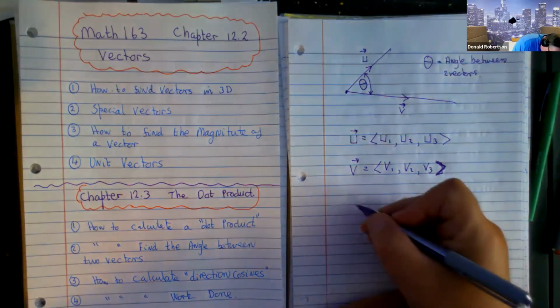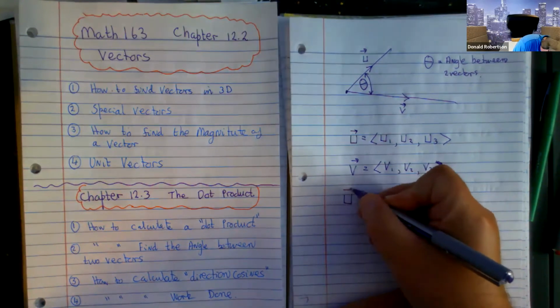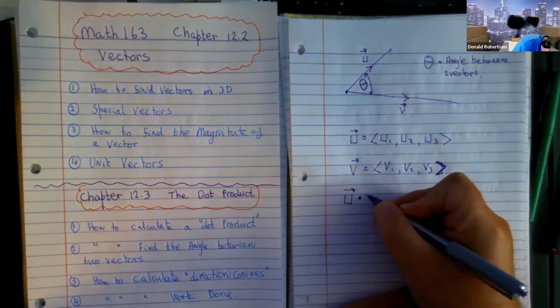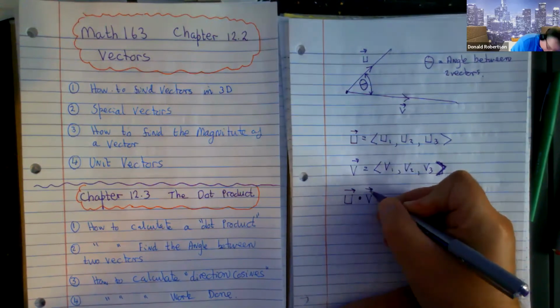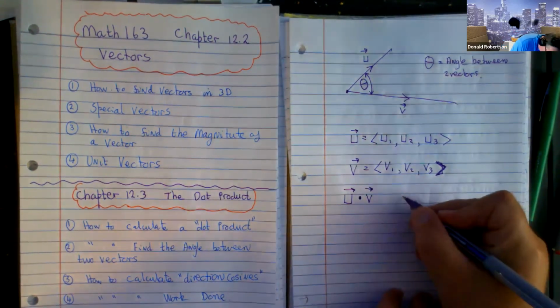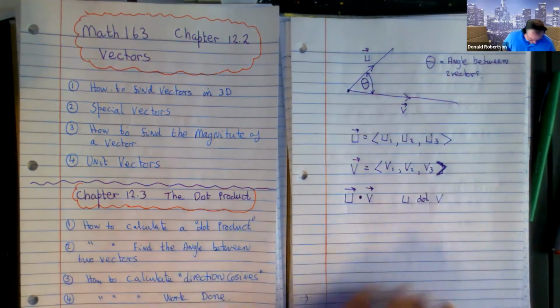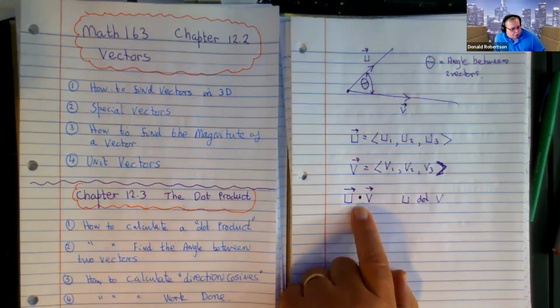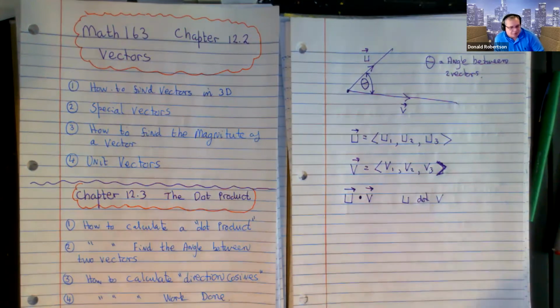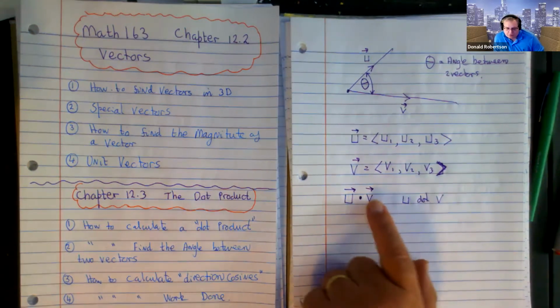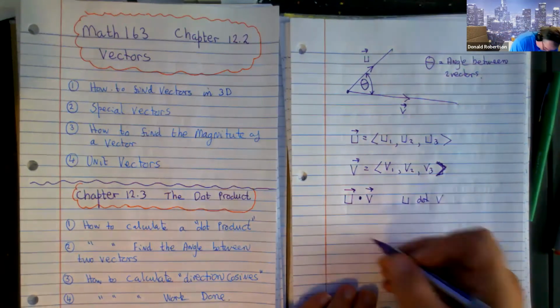Now, we have a thing called the dot product, and it's written down like that. You read that out loud as u dot v, or you could say the dot product of u and v, but u dot v is much easier to say.